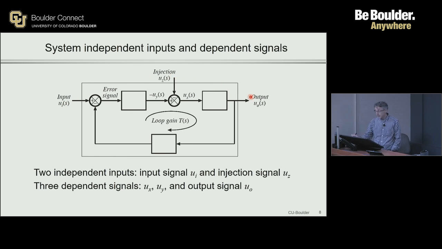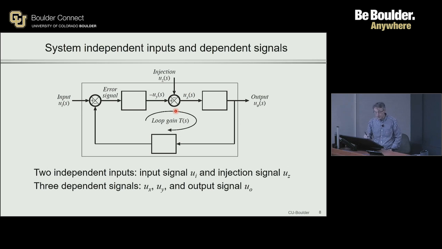The system has three outputs of interest. One is the output signal itself, and the other two outputs of interest are going to be this uy and ux. So in a block diagram form, you think of the feedback system that has two inputs, the actual input and the injection, and has three outputs of interest, those three outputs being the output signal itself and these y and x signals around the injection point.